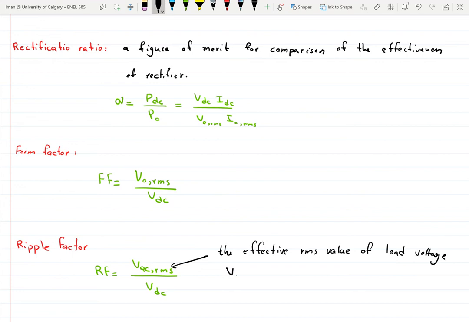So VAC can be written as V out RMS to the power of 2 minus VDC to the power of 2.